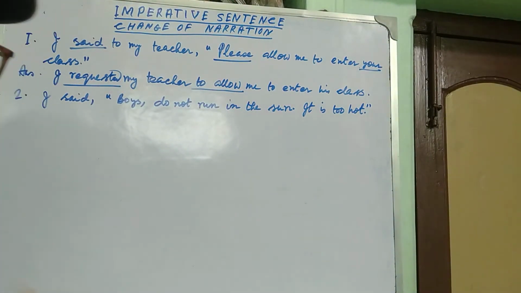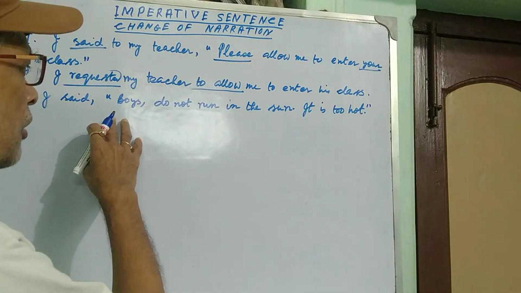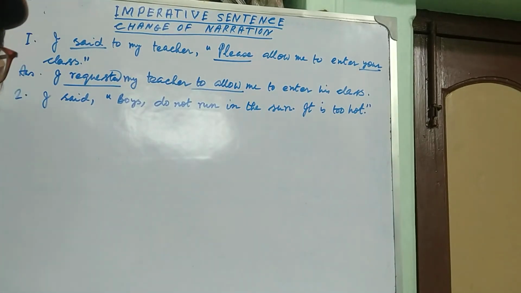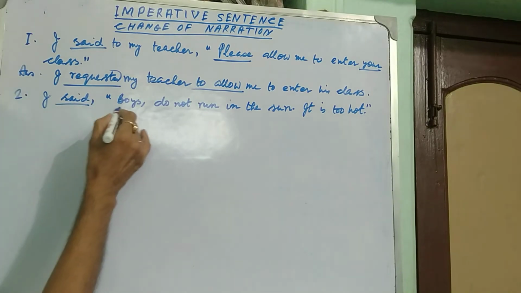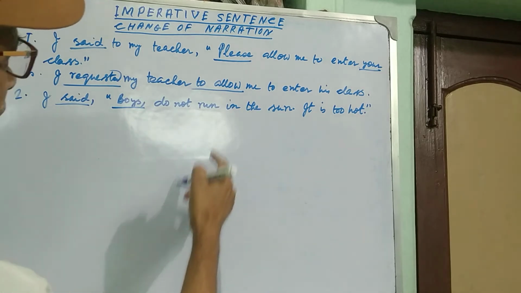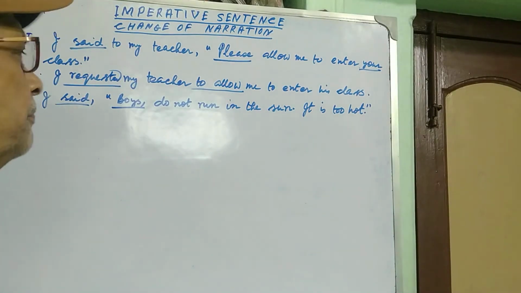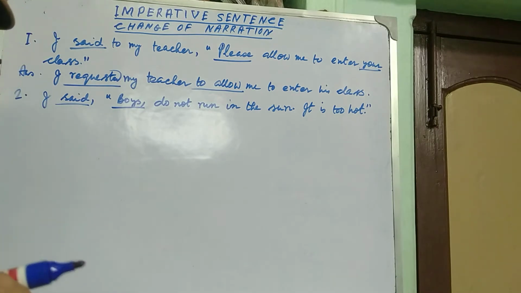My dear students, you see that it is a peculiar combination of imperative sentence and assertive sentence. But it is actually an example of an imperative sentence. I said, boys, do not run in the sun, it is too hot. So, you forbid.